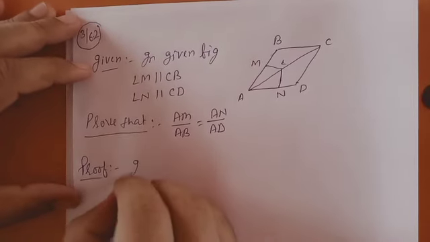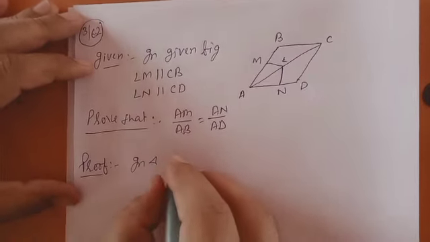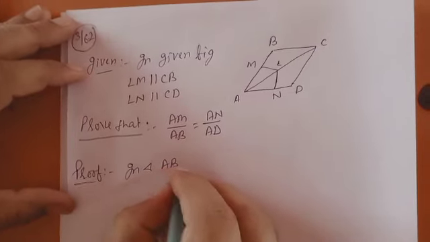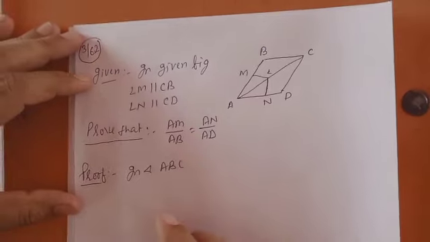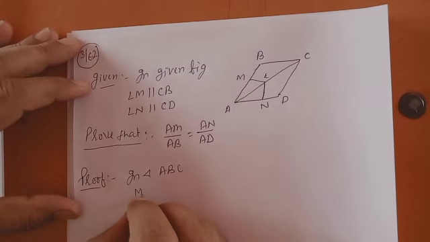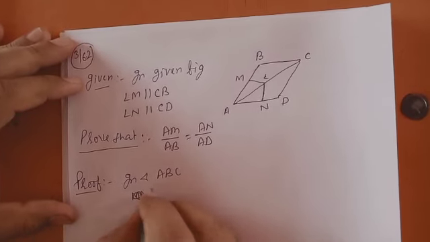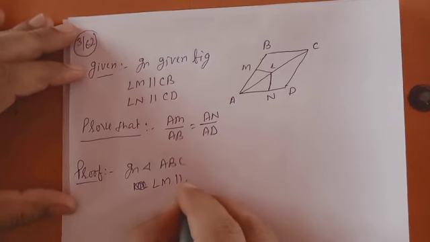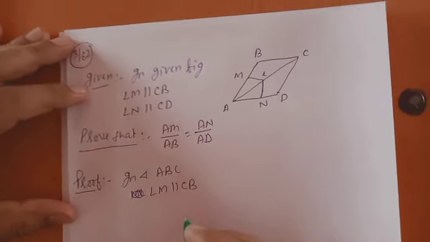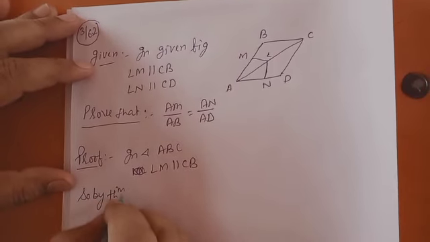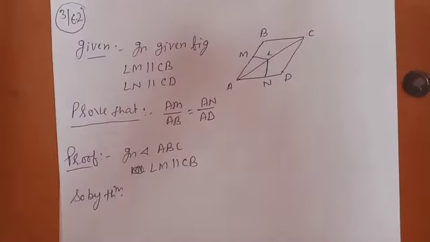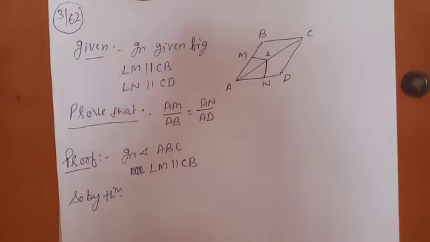In triangle, which triangle? ABC. LM is parallel to CB. Show by theorem. Which theorem? Theorem 6.1. What's its statement?